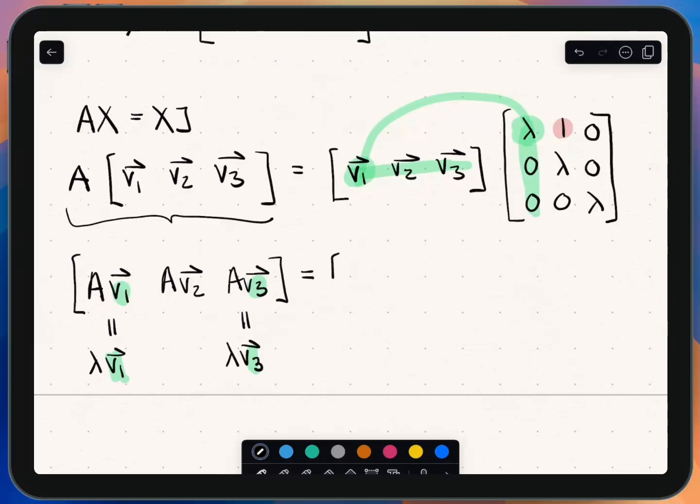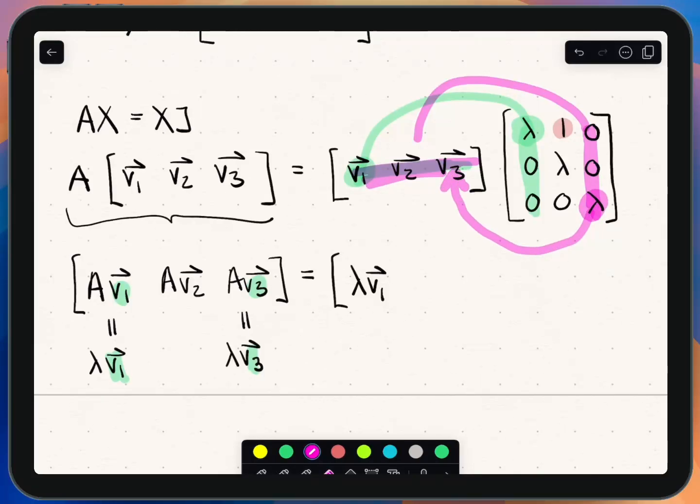So indeed, our first entry here is going to be lambda V1. And then the last column right here is also going to pop up and take the whole thing. We're only going to use the last entry, which corresponds to this last entry right here. And that means we have lambda V3.